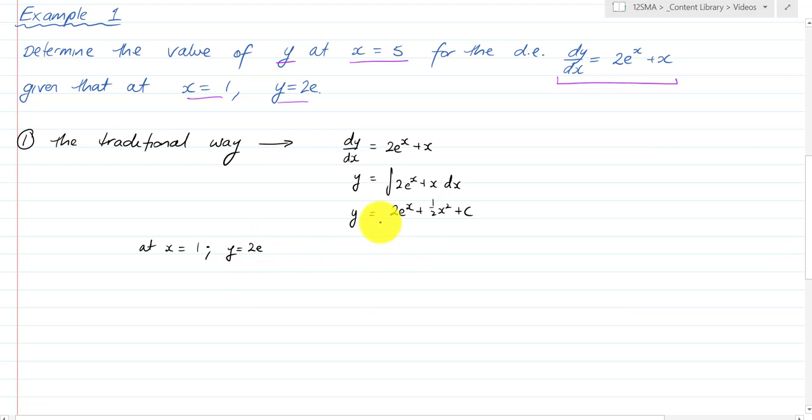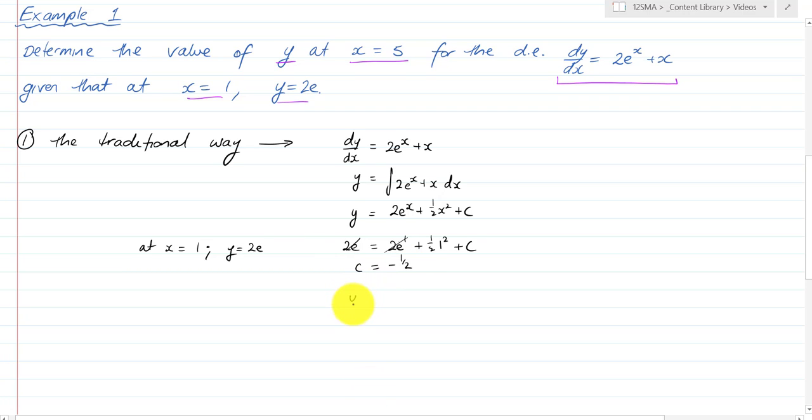It's like magic e's here. So we get 2e is equal to 2e to the 1 plus a half times 1 squared plus c. And if we solve and rearrange this, the 2e's cancel out, by the way, we get c is equal to negative a half. And so now we've got c is equal to negative a half.